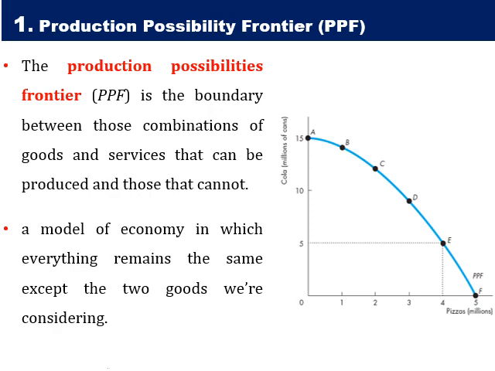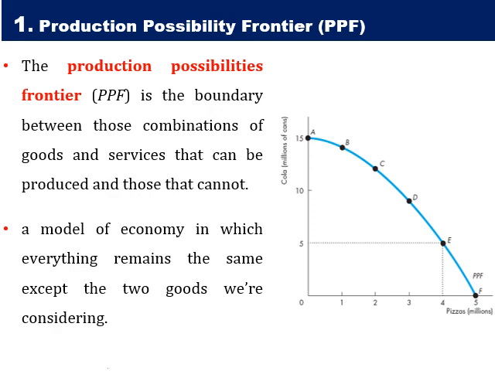Now, before proceeding with the details of the PPF, please bear in mind that we assume that the quantities of only two commodities can vary, whereas the quantities of all other commodities will remain the same.